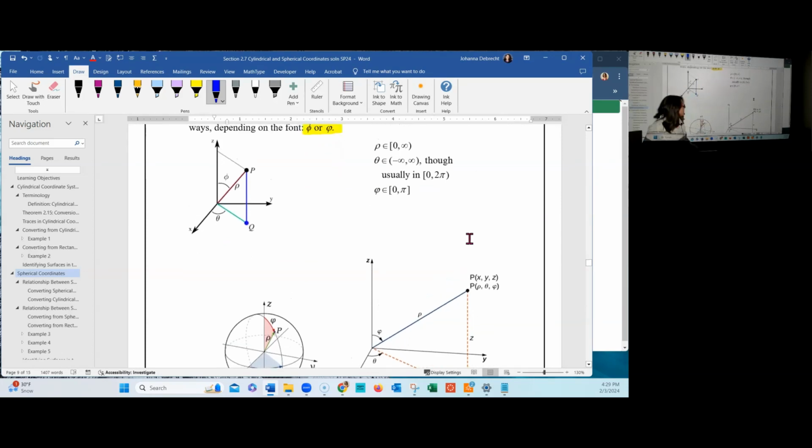Not sure I can get it all on there at once. So here's my point P in three-dimensional space, and it casts a shadow down into the XY plane on the floor.